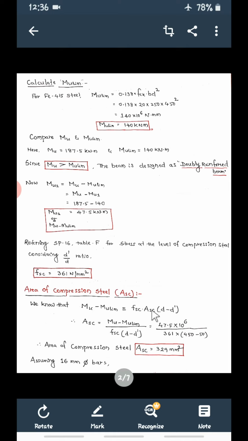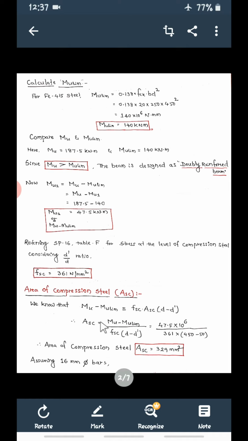Moment is equal to what? Force into perpendicular distance. Mu2 is equal to force into perpendicular distance. Force is stress into area. Stress is FSC into ASC, into perpendicular distance D minus D dash.